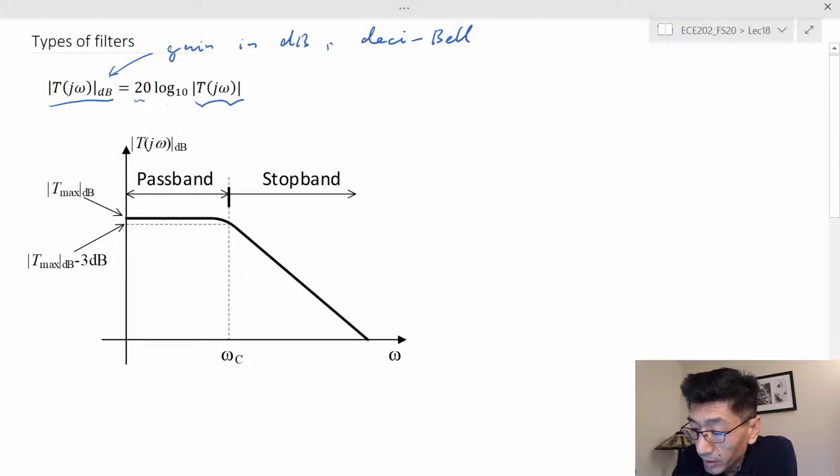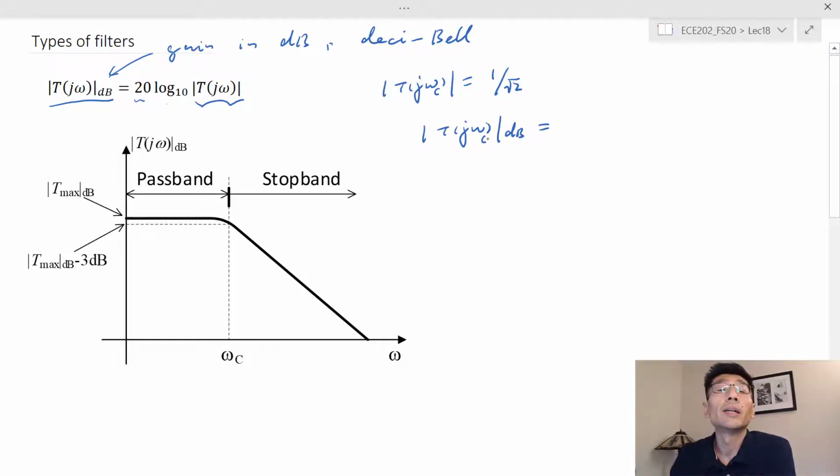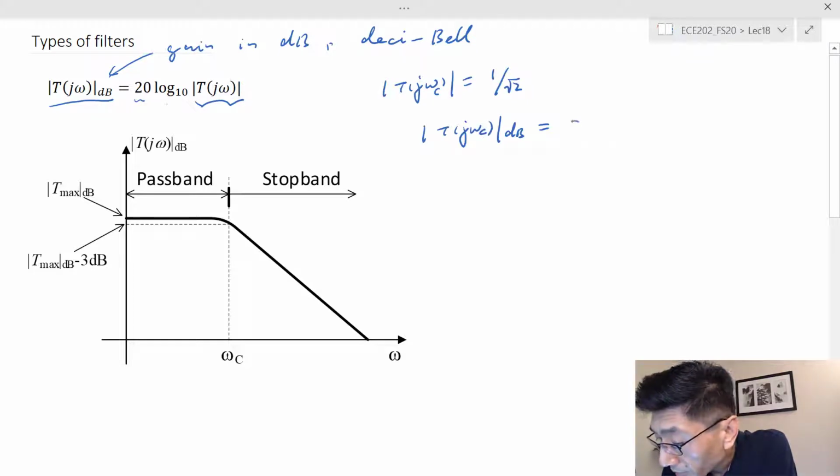If the gain T(jω) is equal to 1 over square root 2, then the 20 log of this, the T(jω) in dB, at the cutoff frequency ω_c is going to be equal to 20 log 1 over square root 2.